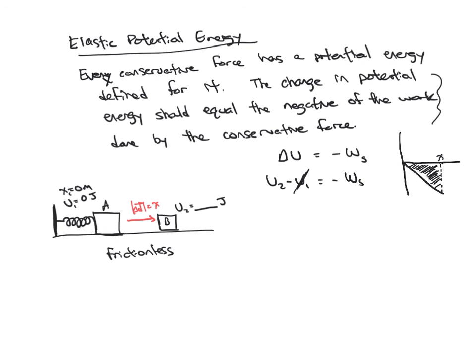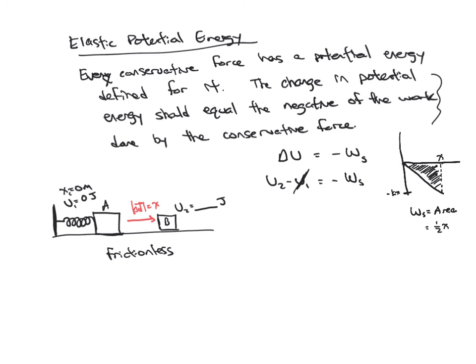And the force starts at 0 newtons, and the force gets stronger as you pull it more. So how much force is at the very end there? Well, that would be k times x. K times x, that's Hooke's law. So the work done by the spring is equal to the area of the graph. It's going to be negative since it's below the axis there. So it's the area of a triangle, which is half base times height.